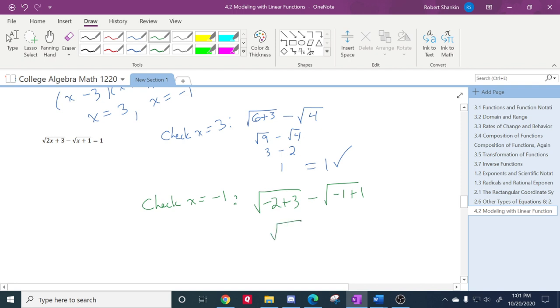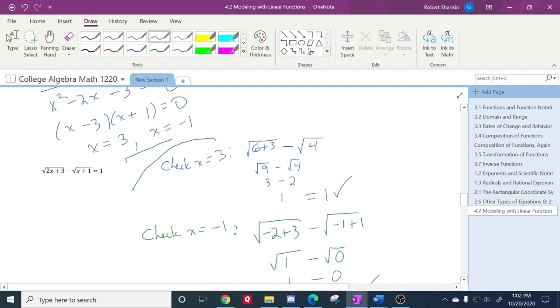Now this is square root of 1 minus square root of 0. This is 1 minus 0, which is 1, which is what it's supposed to be. This is kind of an unusual one. Both answers check. Very often you get one of them works and the other one doesn't.